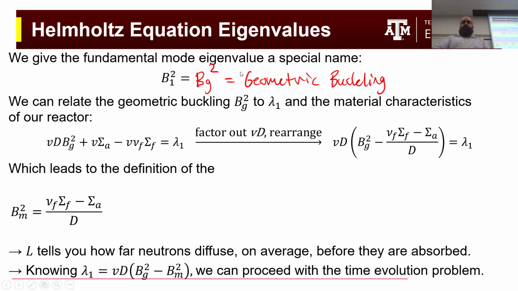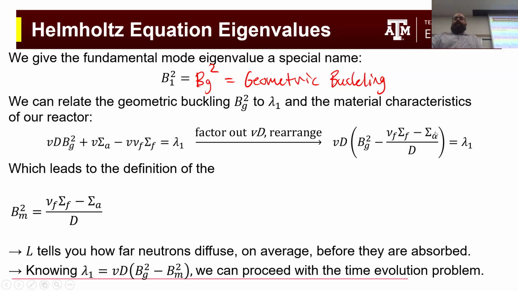Based on those definitions, we can move forward. We can take the equation that we had before in terms of B and write it in terms of BG squared and then the corresponding lambda, which would be lambda 1. And we can factor out the V times the D on the left-hand side, and rewrite the equation in a form that looks like this.